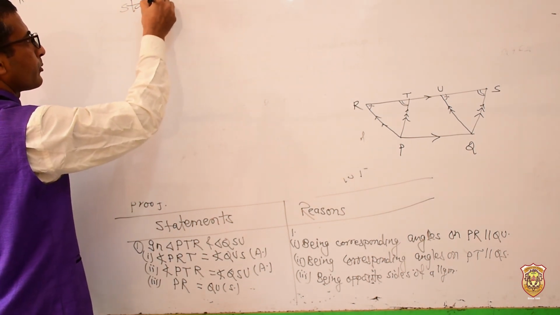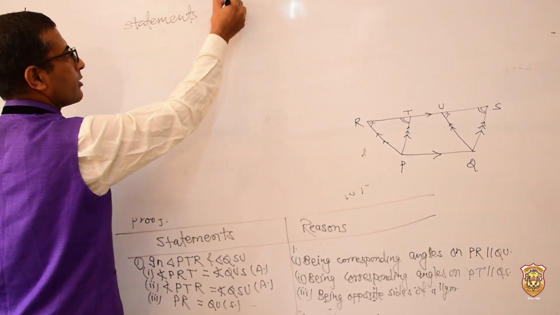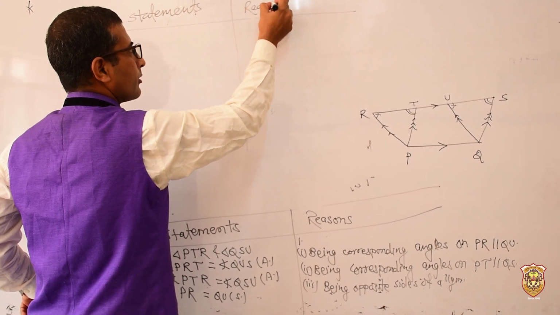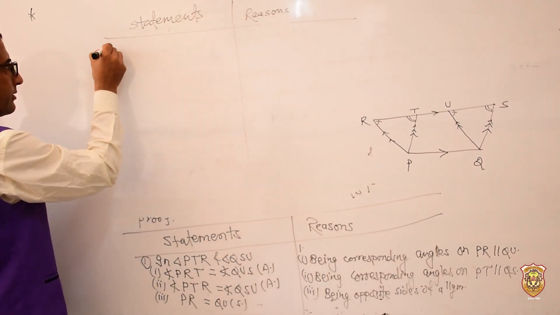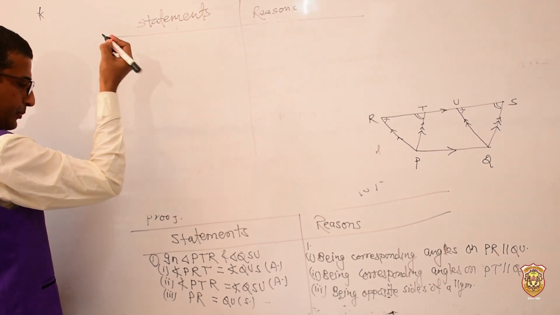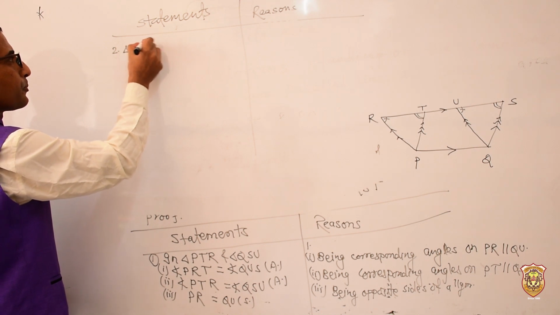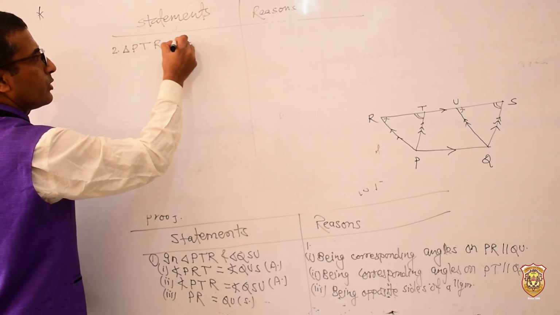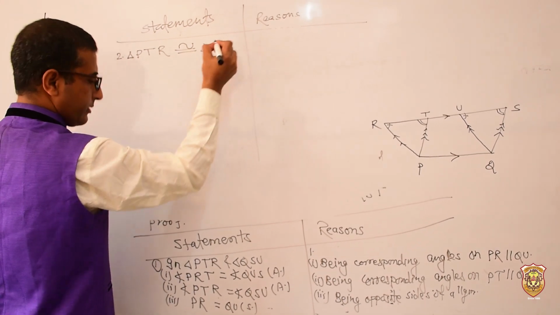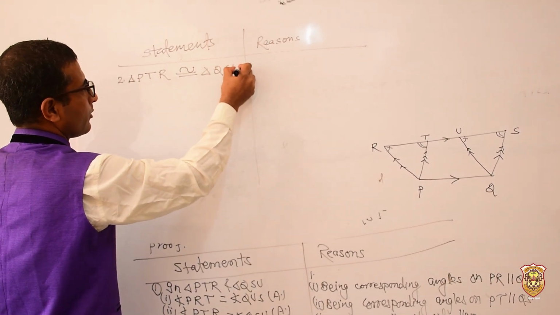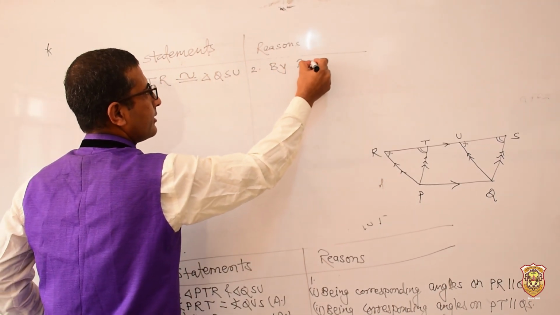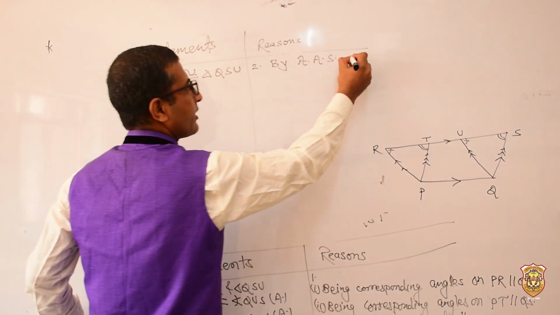Statements, reasons, that's the second one. Triangle PTR congruent with triangle QSU. Reason is by angle-angle-side axiom.